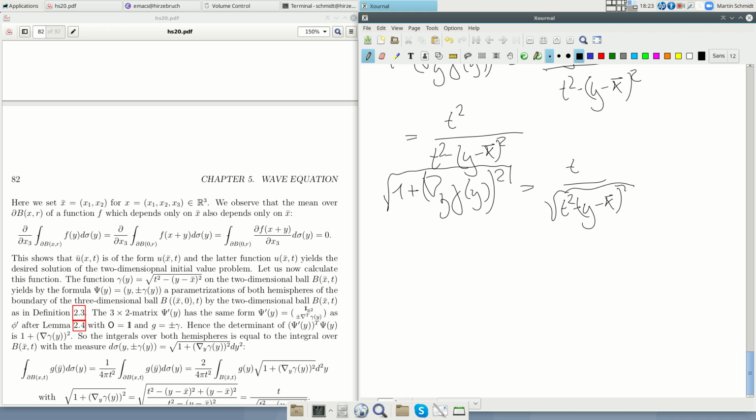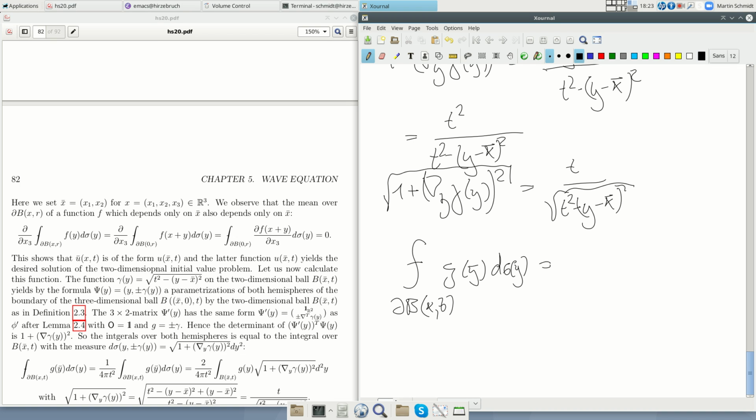Okay, now we introduce our formula. What is the mean? Now we can do the whole calculation of the mean of g of y bar over the boundary of B of x,t, which is what we want to calculate. Of course, what is the area?